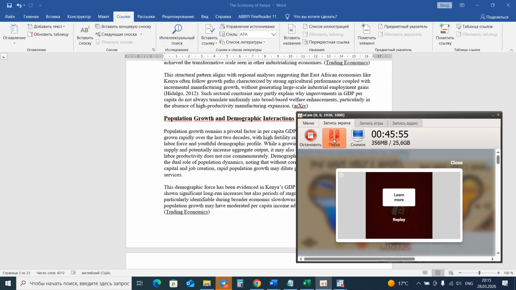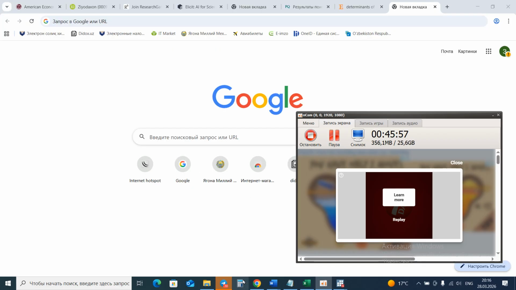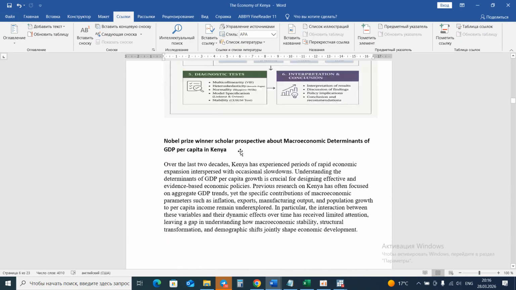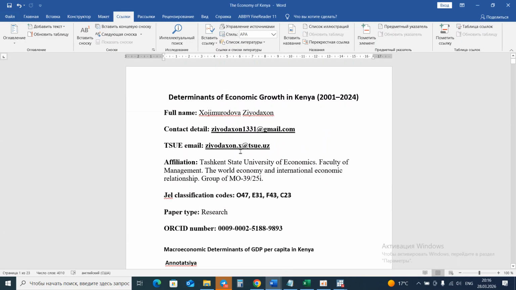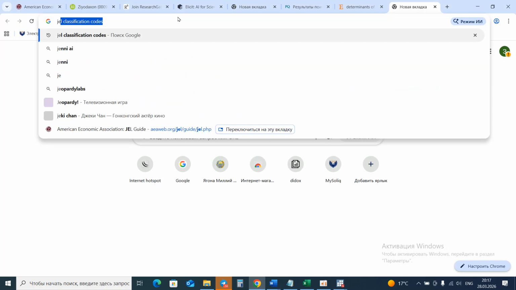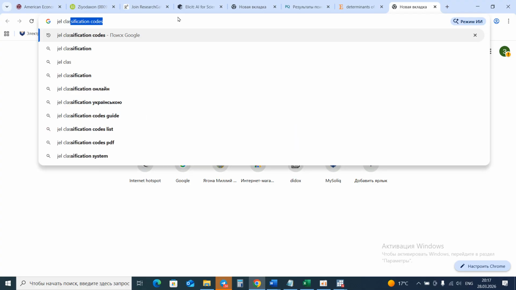So next I also want to show you JEL classification codes that include specific economic codes, and for this we also go online. JEL classification codes.